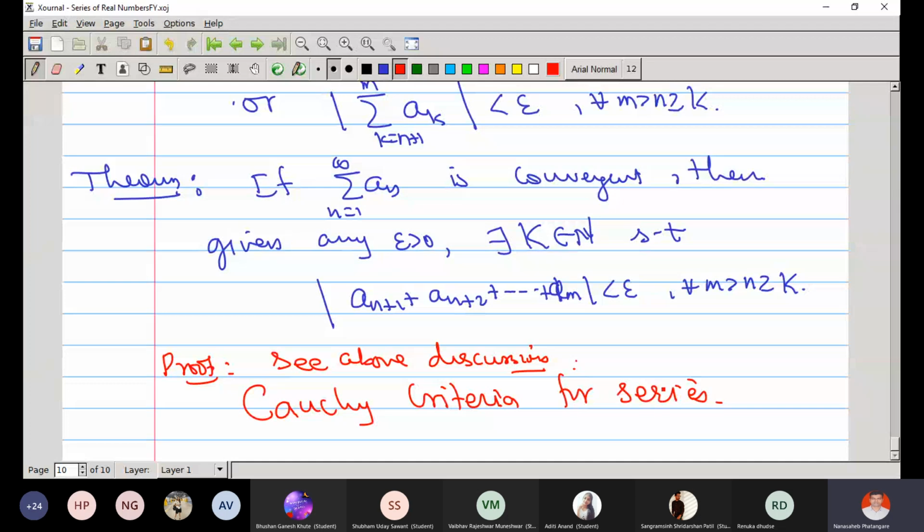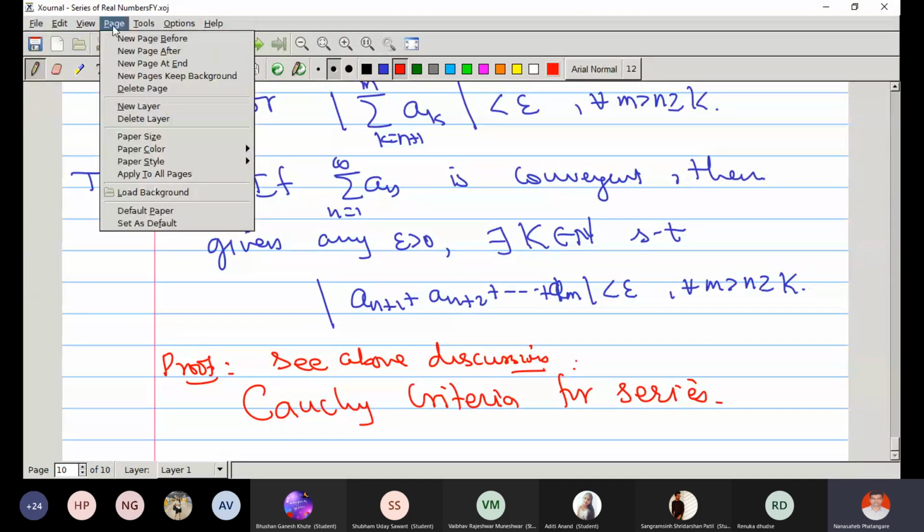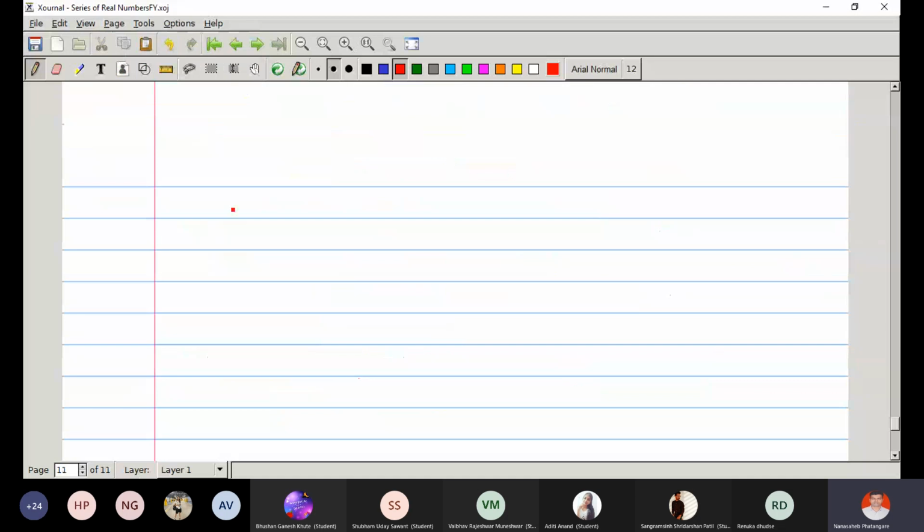Because we are using the Cauchy property of sequences, and ultimately we get this. Now, what is the significance of this Cauchy criterion for series?